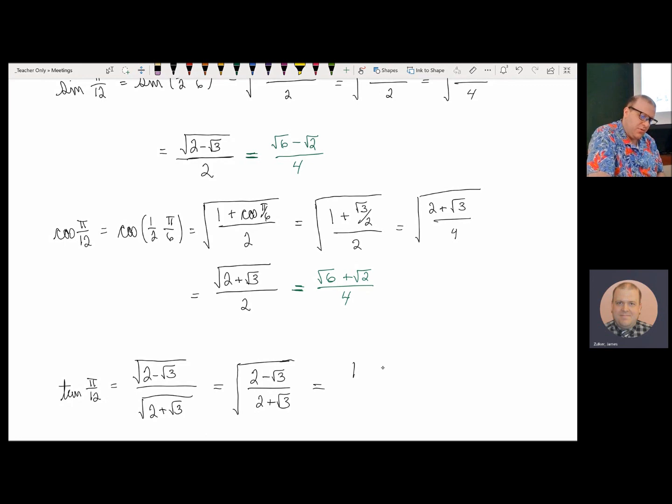So 1 minus root 3 over 2, which would just be 2 minus root 3 all over 2, divided by 1/2. Right, sine of pi over 6 is a half. That just equals 2 minus root 3.